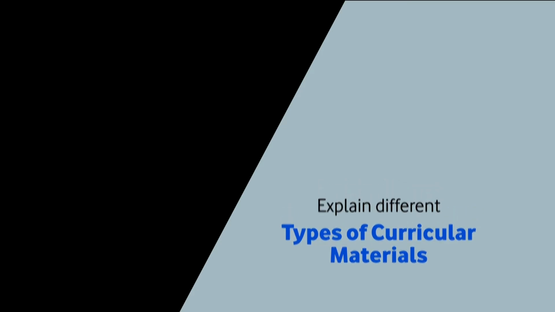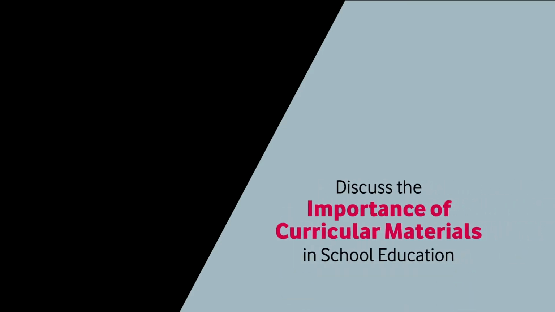After going through this video program and module 5 of this online course, you will be able to explain different types of curricular materials, and you will also be able to discuss the importance of curricular materials in school education. So, two learning outcomes have been kept in this program.